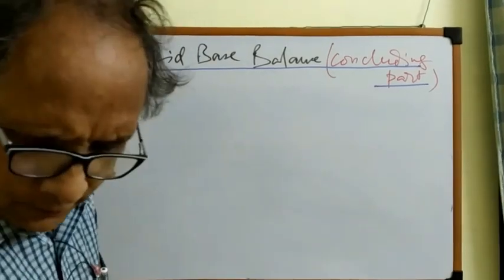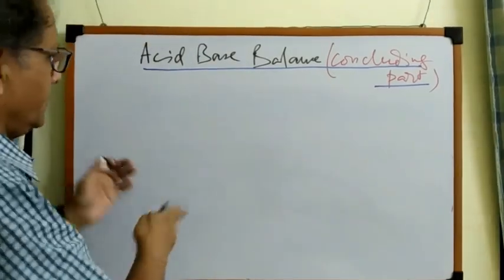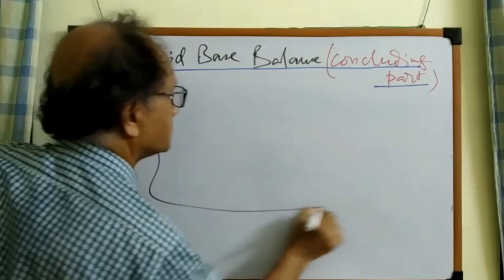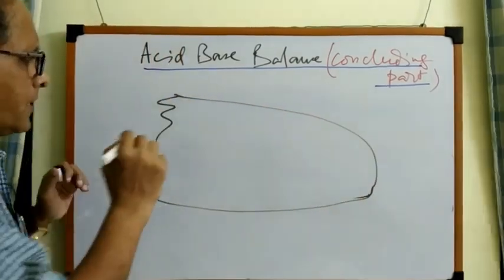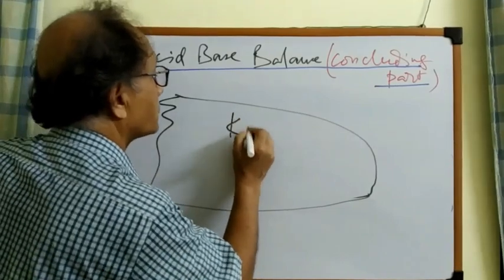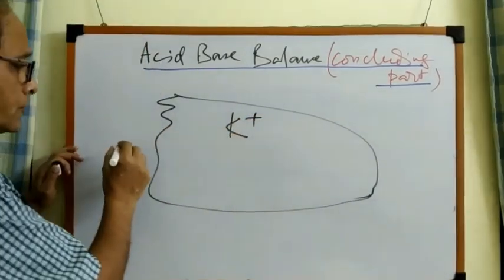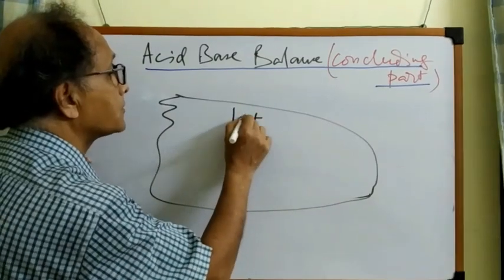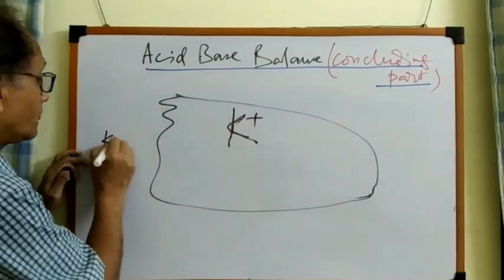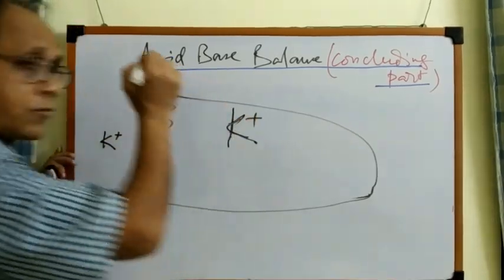Now you see, we all know that, say it is a cell, inside the cell the potassium concentration is high, and outside the cell potassium concentration is low.